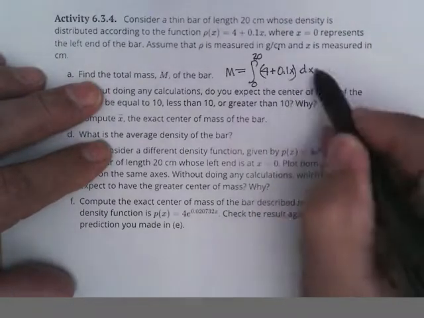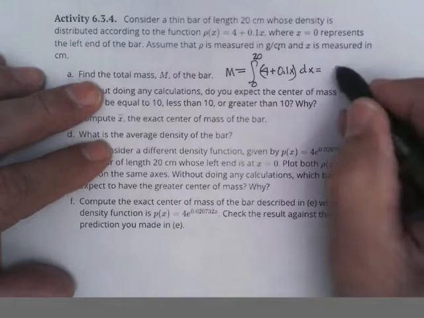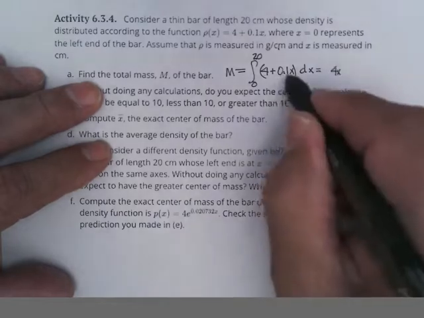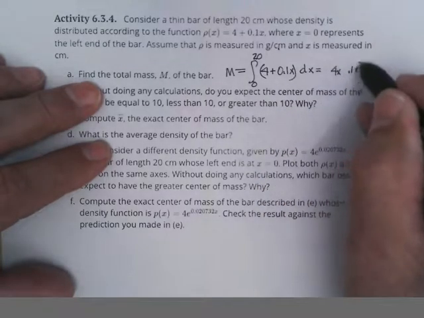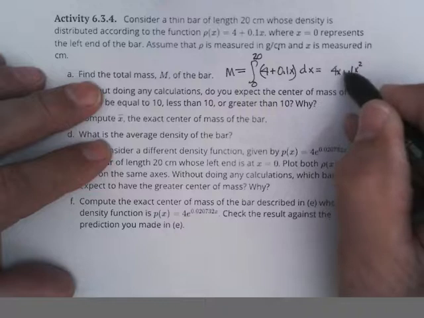And let's do this. The integral of 4 is 4x. The integral of 0.1x is 0.1x squared over 2.